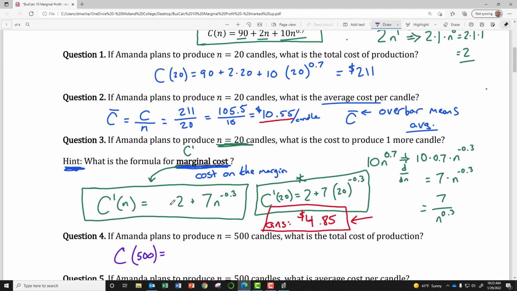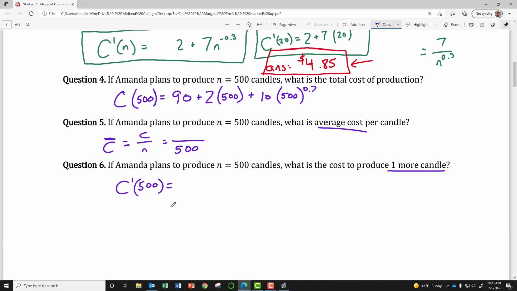So for question 4, I've got my original cost function of 90 plus 2 times n, where n is now 500, plus 10 times n, 500, to the power of 0.7. So I'm going to need a calculator for that.